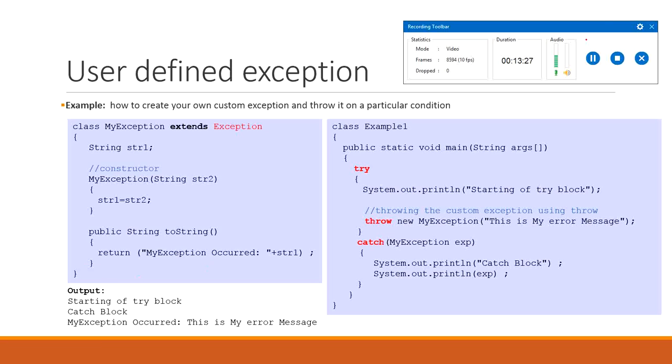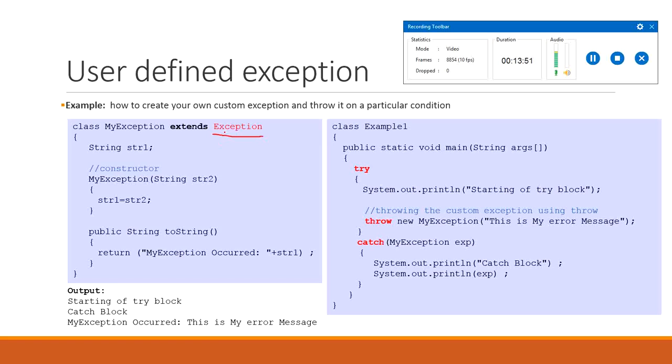Let's learn this. As we have learned, when we are creating our own exception, it must extend the Exception class. Why? Because Exception is the superclass of all the runtime exceptions, and when we extend our own exception from the Exception class, it comes in the hierarchy of the Exception class.